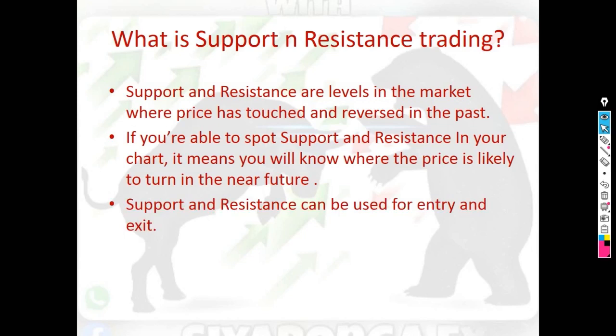Support and resistance can be used for entry and exit, which is some good news, because even if you don't use support and resistance for entry, for exit you must take them into consideration.